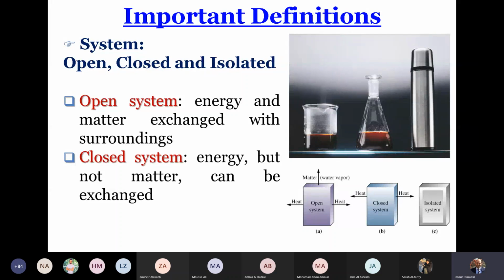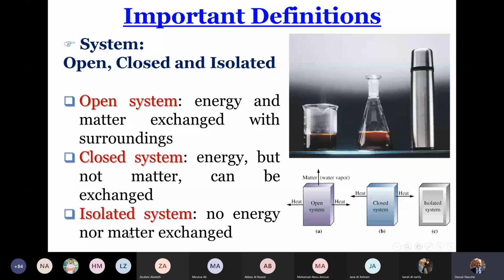And the third system is the isolated system. This is a system that does not exchange energy nor matter with the surrounding. For example, consider the calorimeter, what we call a thermos.